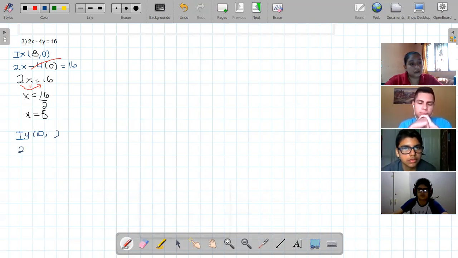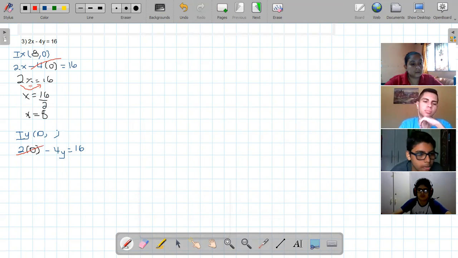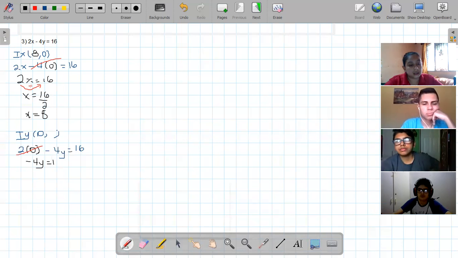So I got 2, and instead of x, 0, remember we're working with the original exercise, minus 4y is equal to 16. 2 times 0, 0, right? 0. Cancels out. We got negative 4y, remember, to take into account the sign in front of the number, equals 16.